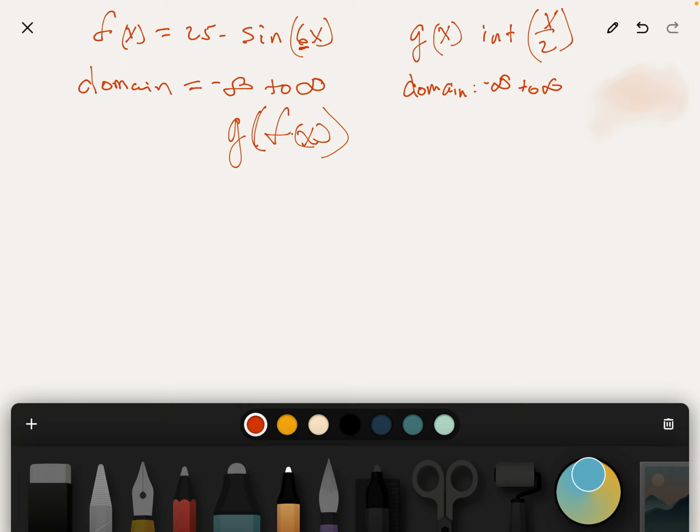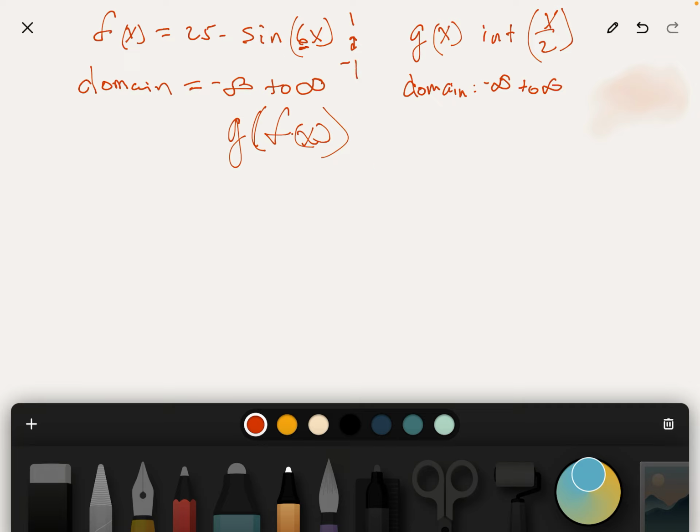again, I said that the period doesn't matter. It really all that matters is what's the range of sine of 6x. Well, regardless of what the period is, the range is always 1 to negative 1, right?